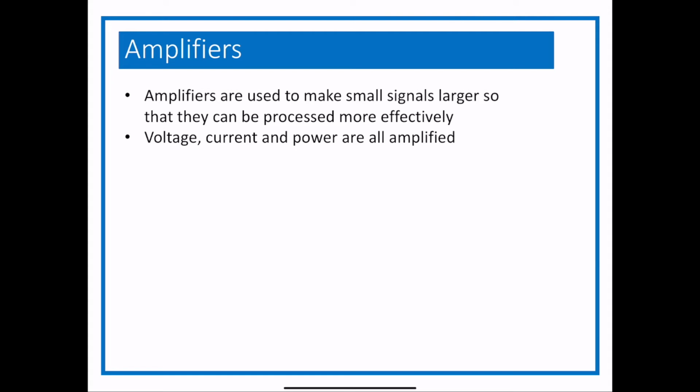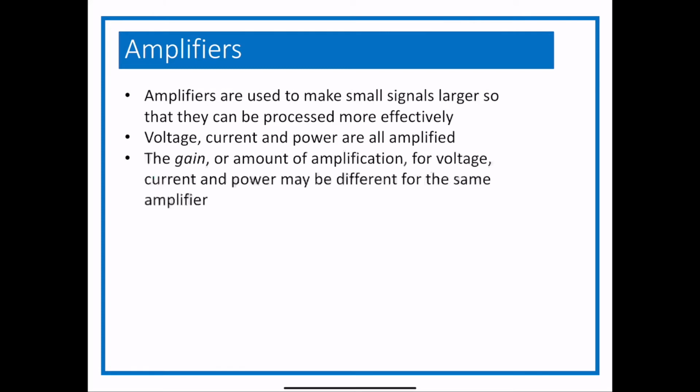And the gain, or the amount of amplification for voltage, current, and power, can be different for the same amplifier. So you could have an amplifier that gives you twice the voltage out, but then it gives you a quarter of the current. So it just depends on how the circuit is designed to determine the relationship of the gain.